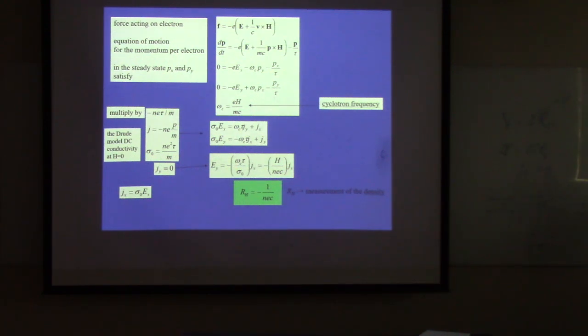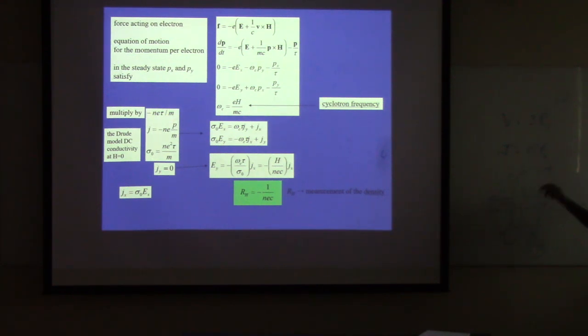What does that mean? Current in the x direction, voltage also in the x direction. In the case of the Hall field, we are measuring voltage across; current is the same x, but the voltage is in which direction?